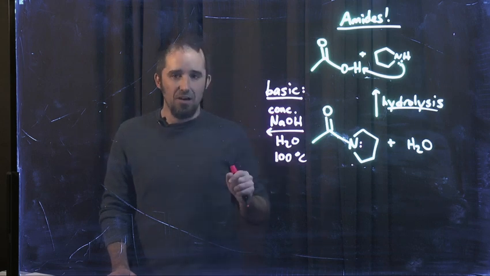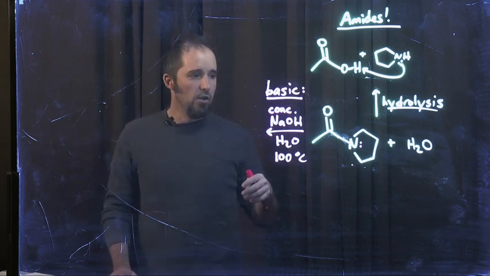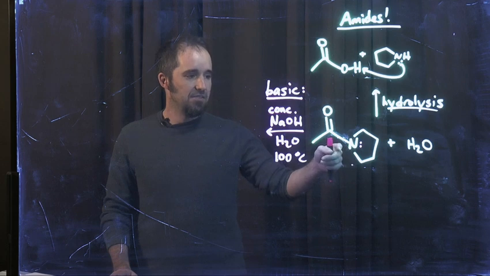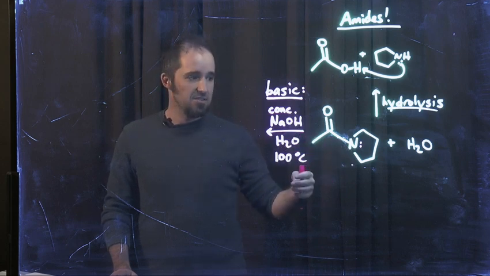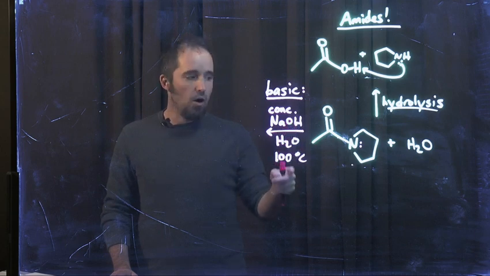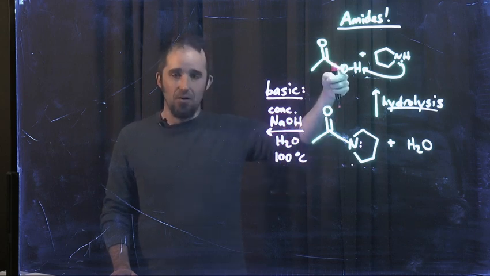Concentrated sodium hydroxide, caustic lye, will hydrolyze amides under basic conditions. So treating this with concentrated NaOH, probably in boiling water, is going to give us this carboxylic acid.